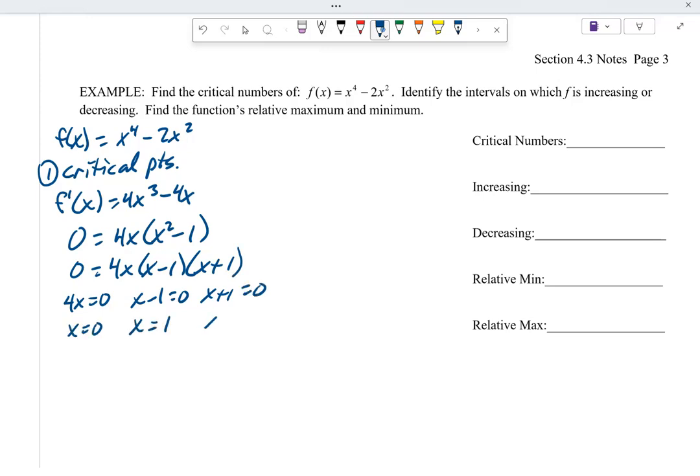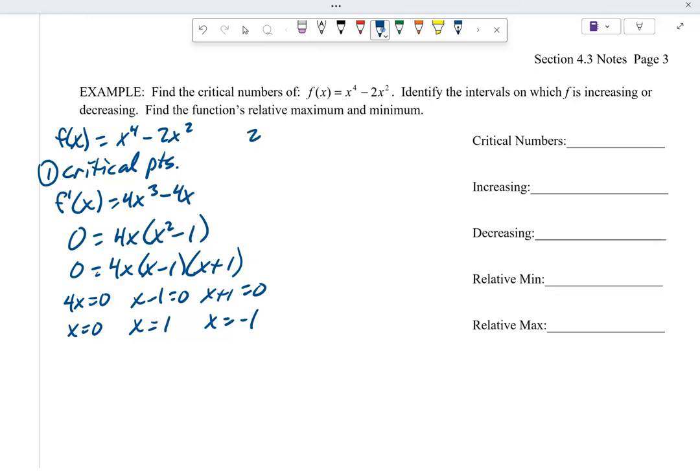Zero, 1, and negative 1 are critical points, right? There's nowhere where the derivative is undefined. It's just where the derivative is 0. So those critical points are going to be on our testing interval.